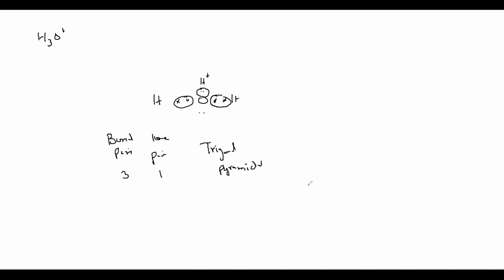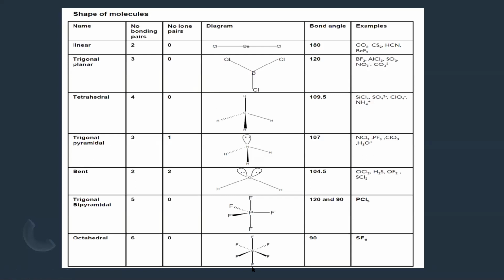So to draw this structure, trigonal pyramidal, you can draw it the same way as we did for tetrahedral. One of the bonds is into the plane, another is out of the plane, one is in the same plane, and there's a lone pair.